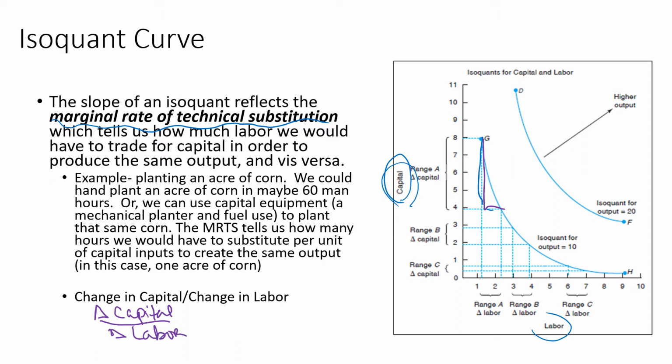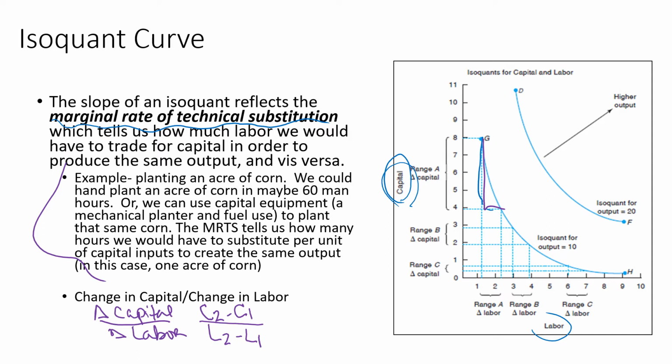How we could write that out a little bit more is capital value 2 minus capital value 1 divided by labor value 2 minus labor value 1. And that's going to be able to give us those changes. So let's calculate a couple of those. But before we do that, here's an example a little bit more of what that means.